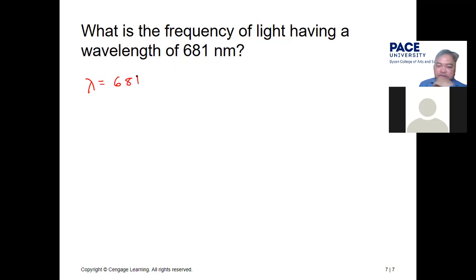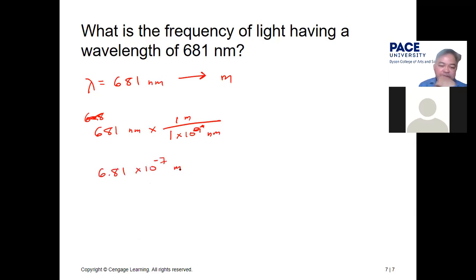You need to convert this to meter. You can use 681 nanometer times, for every 1 meter, 1 times 10 to the 9 nanometer, and you end up with 6.81 times 10 to the negative 7 meter.